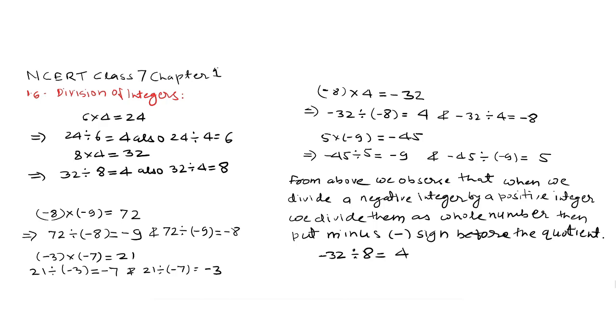As minus 32 is a negative integer and we have divided this by 8, a positive integer, we get quotient as the 4 as the positive integer, and we put a minus sign before it so that our quotient is minus 4.